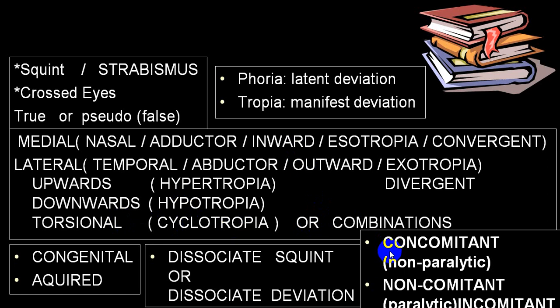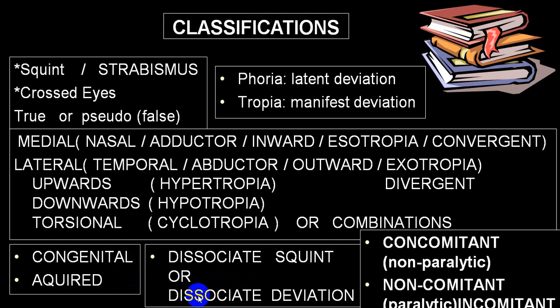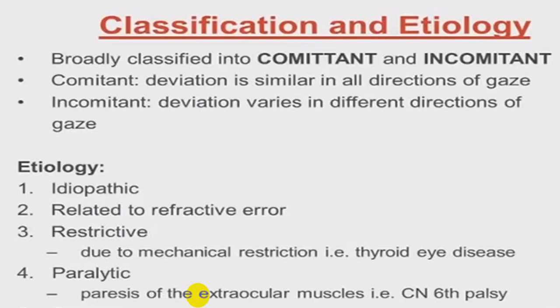I've already discussed concomitant and non-concomitant, or we call as paralytic and non-paralytic. Non-concomitant is also called an incomitant. Then if two are in two different directions, then we call it a dissociate squint or dissociate deviation. Depending upon the etiology, congenital and acquired. These are different terminology, or you can call them classification.